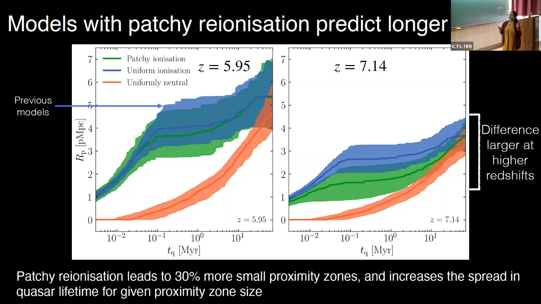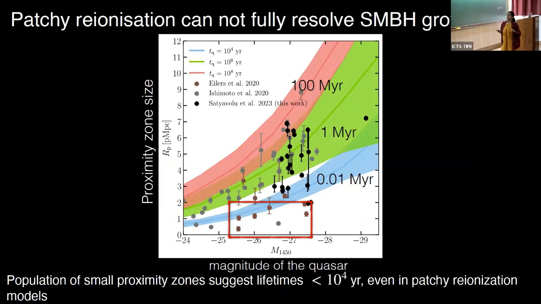But the bottom line is that for a given proximity zone size, our models will predict a longer lifetime with a larger spread. We then look at the distribution of all known proximity zone sizes and see what the lifetimes could be, by comparing them with distributions from our simulations.